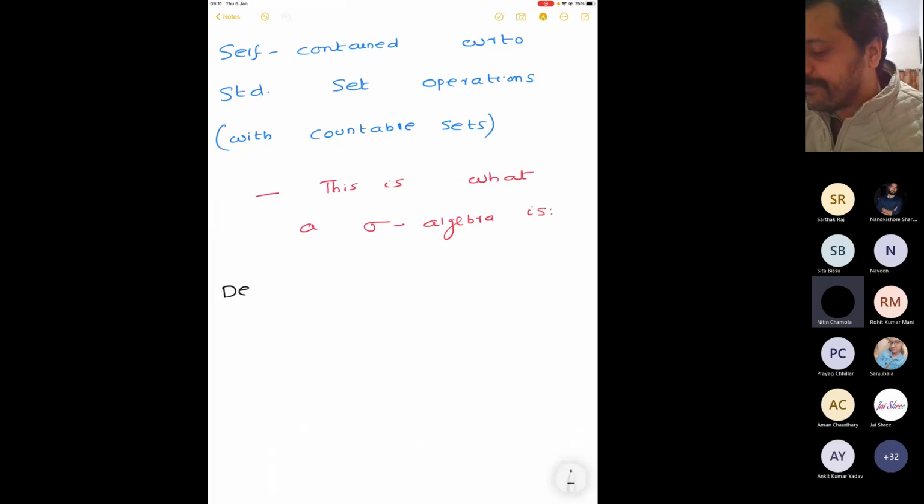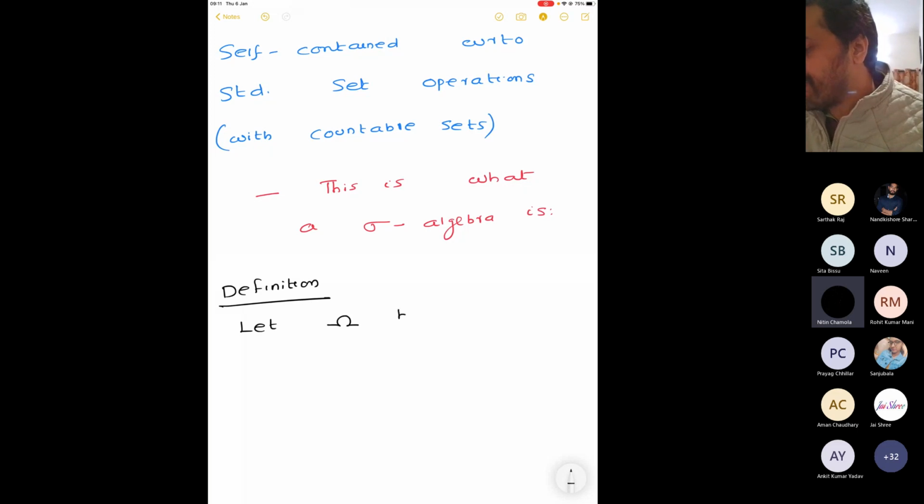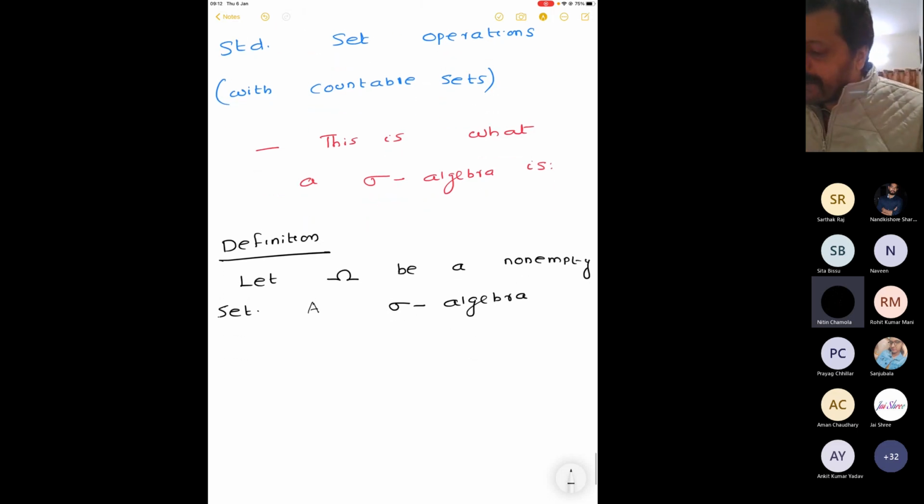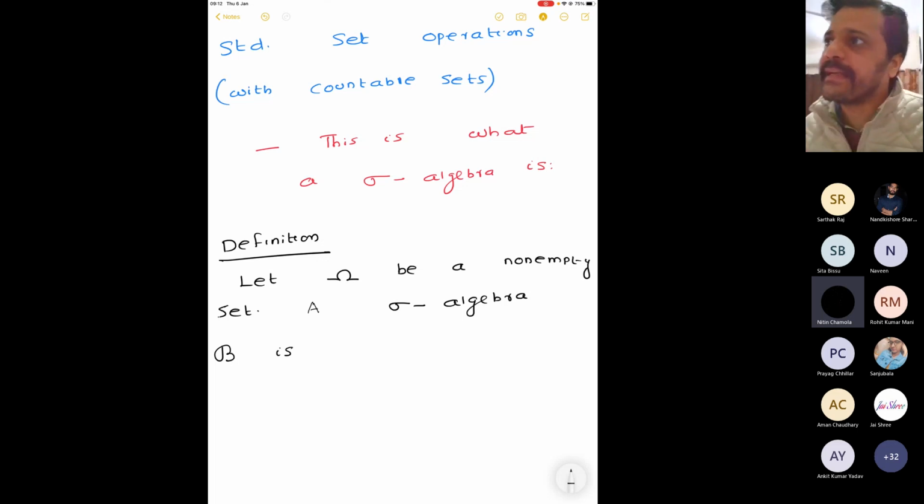Definition. Let omega be a non-empty set. A sigma algebra. Sigma always in mathematics stands for countable. Sigma algebra B is, in real analysis, have you heard about F sigma sets and G delta sets? Yes, sir.